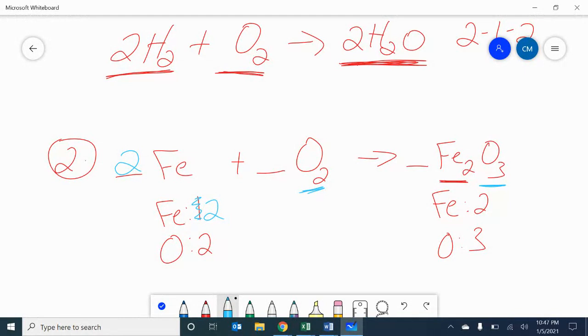All right, so this is a case where I'm going to end up having to erase some things because the iron didn't help me out any. I'm going to have to balance my oxygens. Well, I have two on the left and three on the right. I can't put a number here to make this 3 a 2.